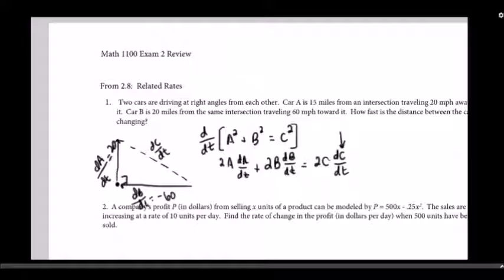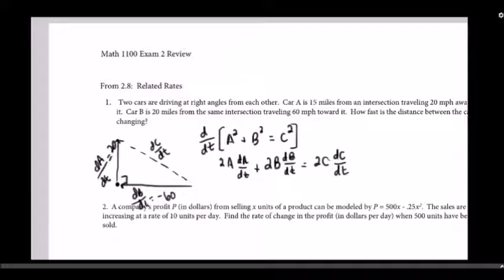So if we're trying to find dC/dt, we need to know values for all of the other variables. We need to know dA/dt, dB/dt, and we need to know A, B, and C. Now dA/dt, dB/dt, A and B have been given.